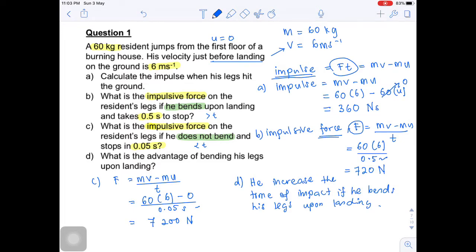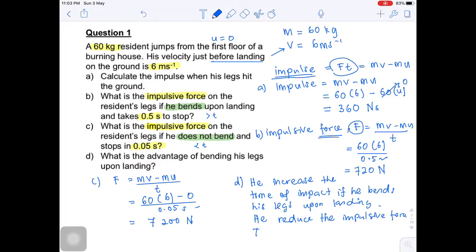So the force produced when he does not bend is so much greater than if he bends his legs. So if he bends his legs, he increases the time of impact. When he increases the time of impact, he also reduces the impulsive force.